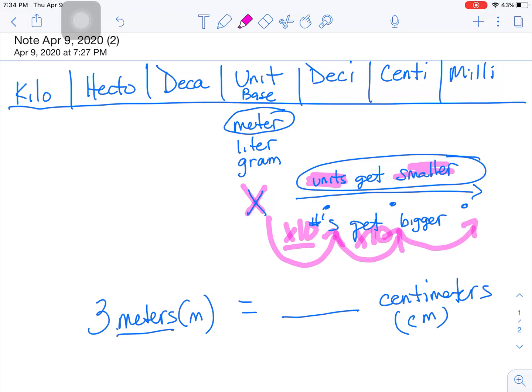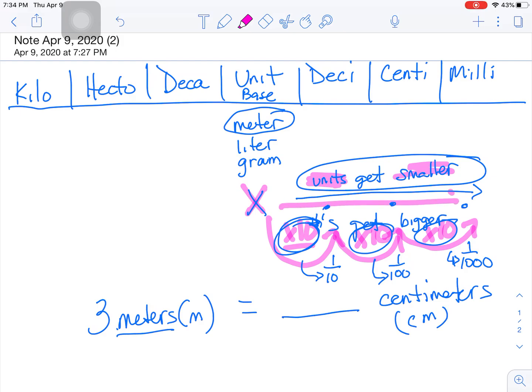And if I go to milli, that's another 10 times smaller. So if we think about what we saw on our chart yesterday, you saw me writing things like 1/10, then 1/100th, and then 1/1,000. Well, that makes sense because when I did times 10, it's just on the bottom. 10 times 10 gives me 100, and another 10 gives me 1,000, okay? So anytime I move to the right on my chart, my numbers get bigger, so I am always multiplying.